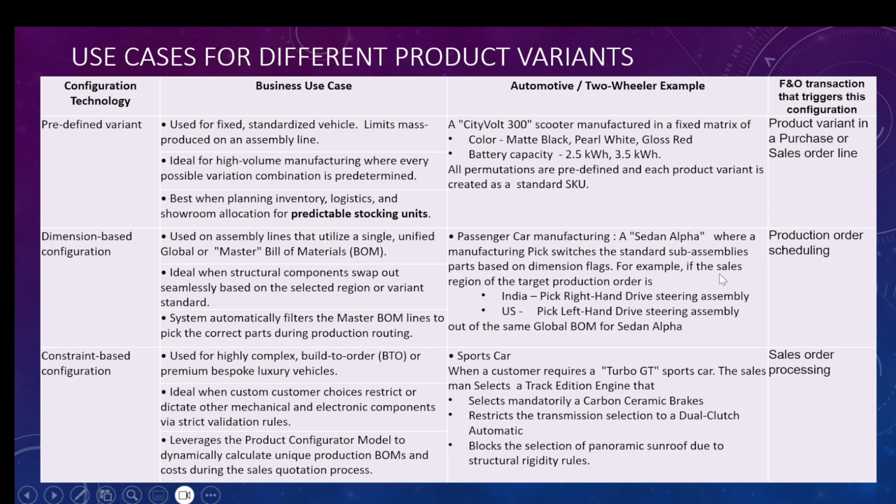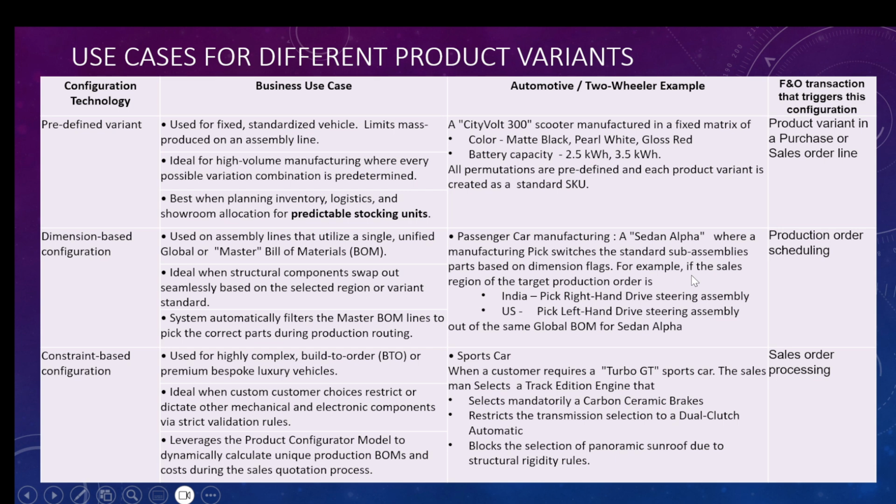And if the production order is targeted for the US region, the left hand drive steering assembly is picked. Even though both right hand and left hand drive assemblies are part of this global BOM, during the production order creation or scheduling, the BOM is selected on the fly. Out of the same global BOM for the same sedan alpha, the right hand or left hand drive steering assembly is selected based on which region the production order is created for.